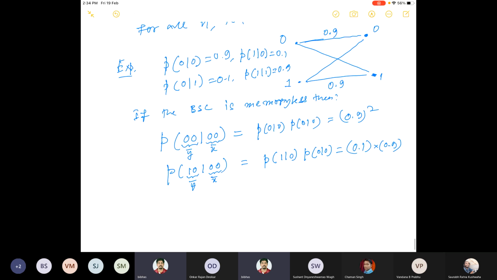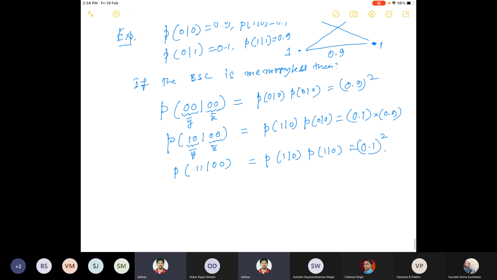Similarly, for the probability of 1 1 given 0 0, it is probability of 1 given 0 times probability of 1 given 0, so this is 0.1 whole square.